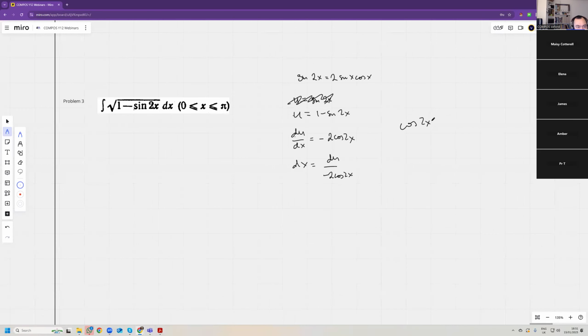Cos 2x is equal to the square root of 1 minus sine squared 2x. Sine 2x is 1 minus u, so the square root of 1 minus (1 minus u) squared.